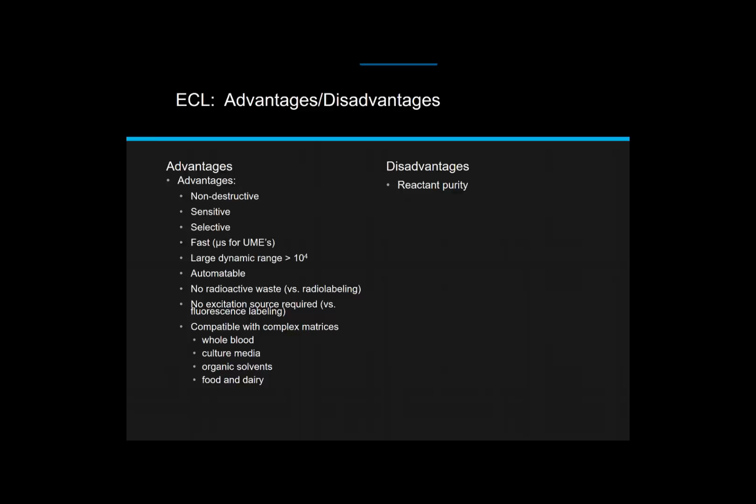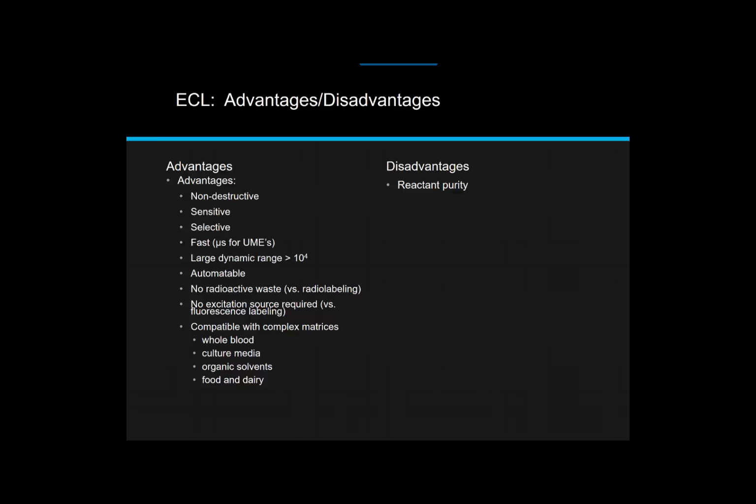It's selective. If you don't have the fluorophore tag, then you're not going to detect it. Fluorescence is an optical tool, so it's relatively fast. And you can do this at what are called ultramicro electrodes, really tiny electrodes. And when you do it at tiny electrodes, you can do the detection as quickly as in microseconds.